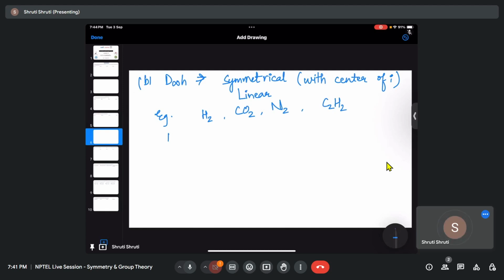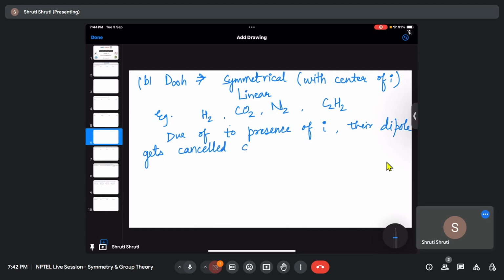So due to the presence of i, their dipoles get cancelled away.